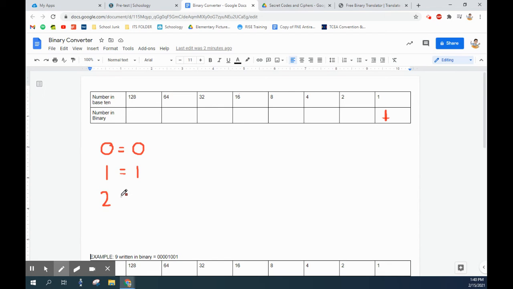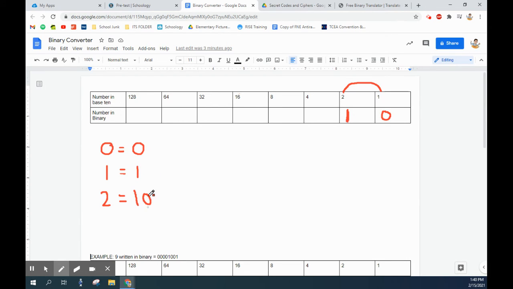Okay, if I wanted to write the number 2 in binary, well, if you notice, the next place value over is worth 2. So in binary, I would say, oh, I have a 2, and I have nothing in the ones place. So in binary, the number 2 would be 1, 0.